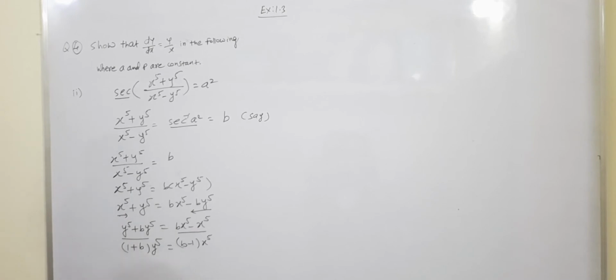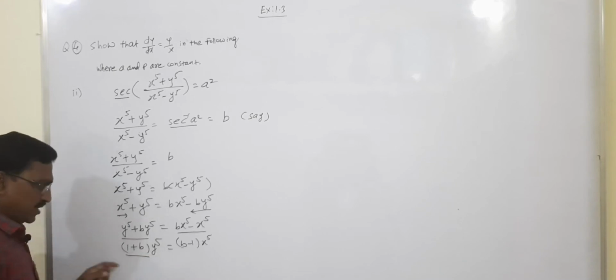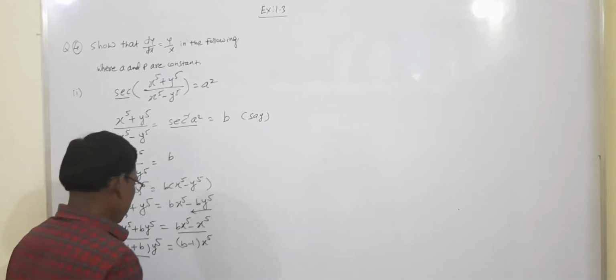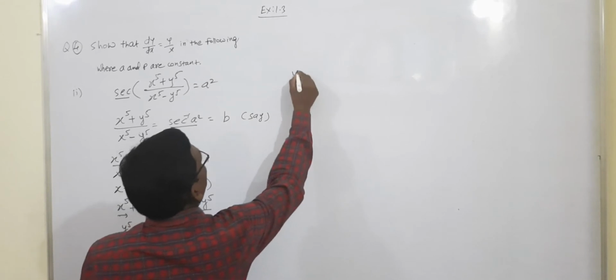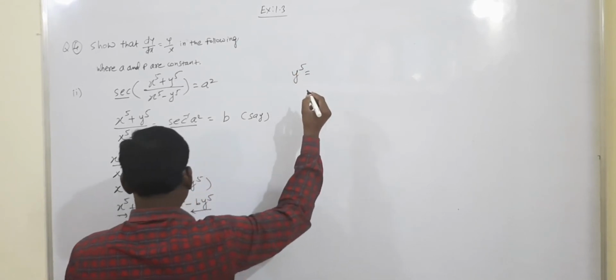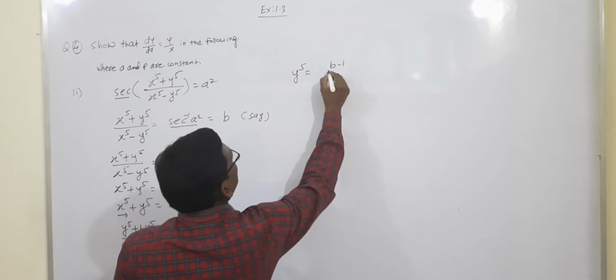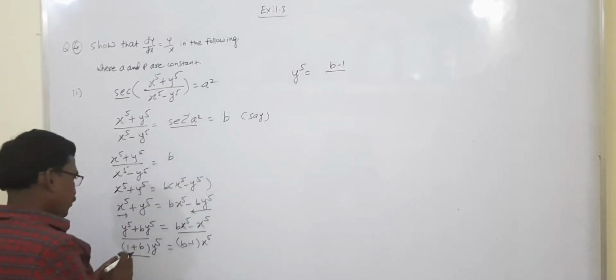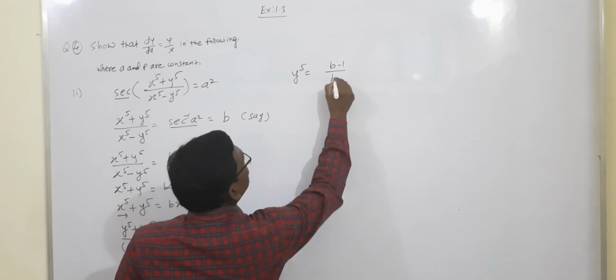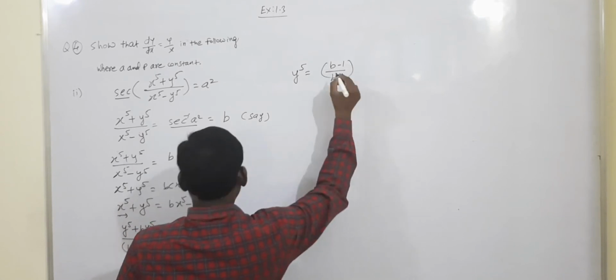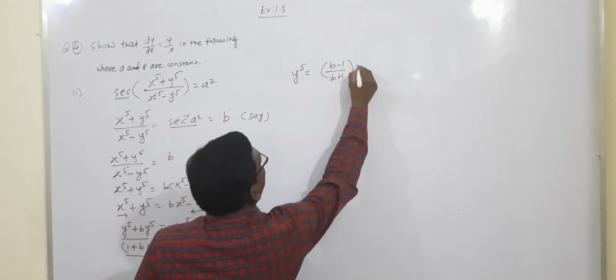Now again we take this total bracket to the right hand side, then it becomes y to the power 5 is equal to b minus 1 divided by b plus 1 into x to the power 5.